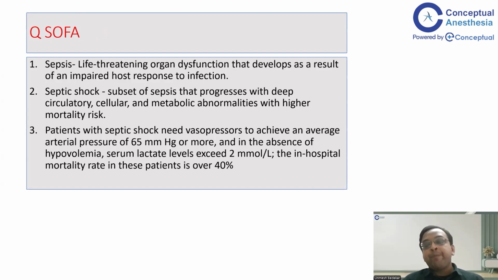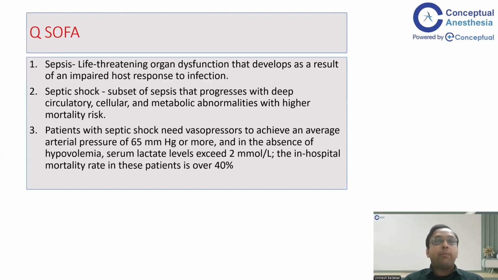And what is shock? It is a subset of sepsis that progresses with deep circulatory, cellular, and metabolic abnormalities with higher mortality risk. So patients with septic shock need vasopressors to achieve a mean arterial pressure of 65 mmHg or more, and in the absence of hypovolemia, serum lactate levels exceed 2 millimoles per liter.